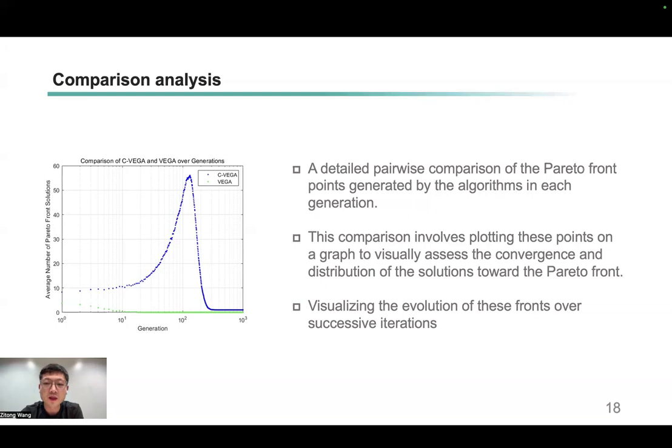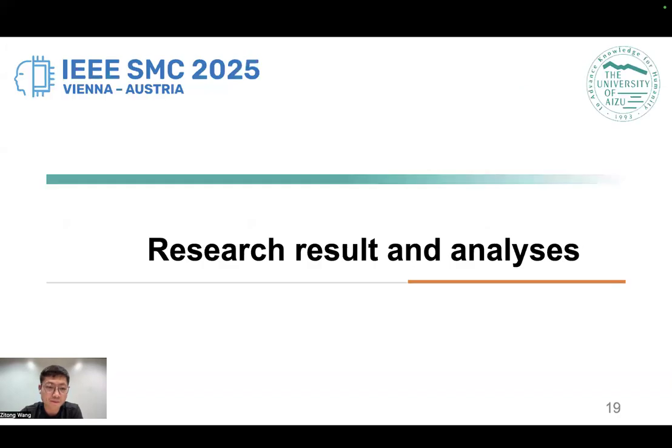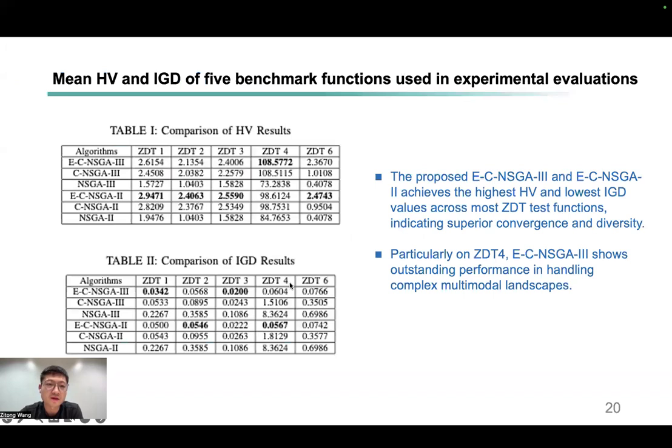This comparison involves plotting these points on a graph to visually assess the convergence and distribution of the solutions toward the Pareto front. We can visualize the evolution of these fronts over successive iterations.